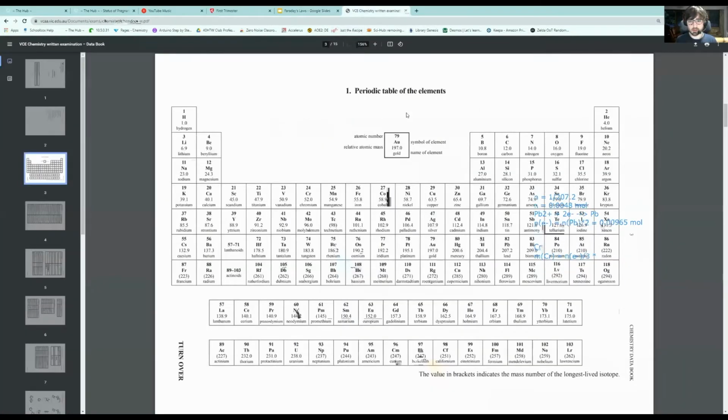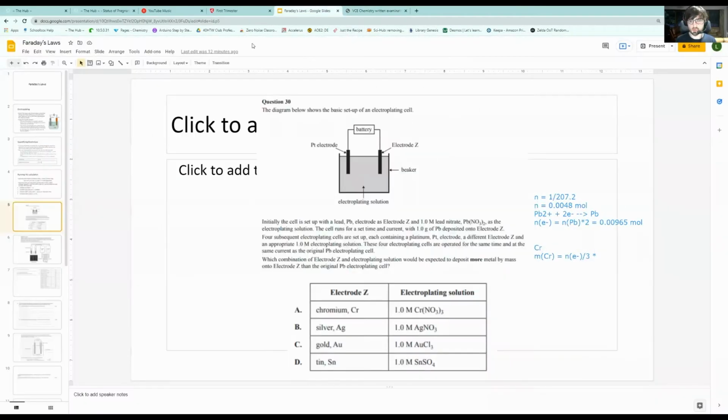The molar mass of chromium is 52. So I'll take my answer, divide it by 3 and multiply it by 52. And it's going to be 0.167 grams. So that's definitely not more metal.